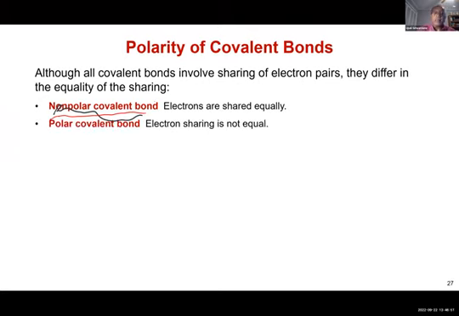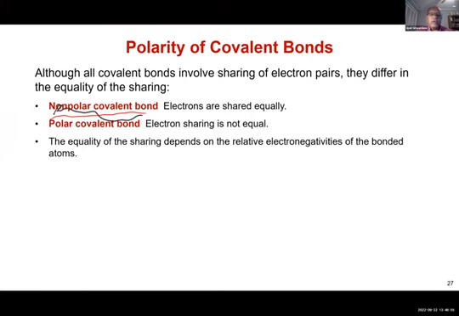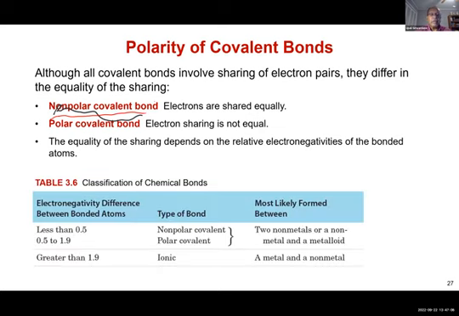Polar covalent bond. How do you know molecule have polar covalent bond? The equality of sharing depends on the electronegativity. If they are unequal electronegativity, it creates a polarity. This is the diagram. If the electronegativity difference is less than 0.5, it's a non-polar covalent. Carbon hydrogen bond is nonpolar.